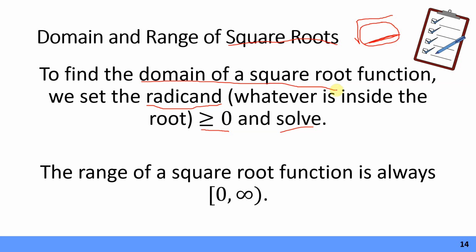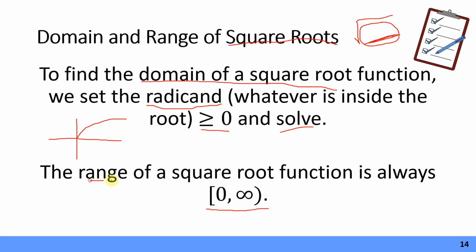Now, the range of a square root is always 0 to infinity, including the 0. Because if you remember from the picture, we've talked about the parent functions, the square root looks like this. So the range is always from 0, right here, up, right? It's always positive. So that's why the range is 0 to infinity.